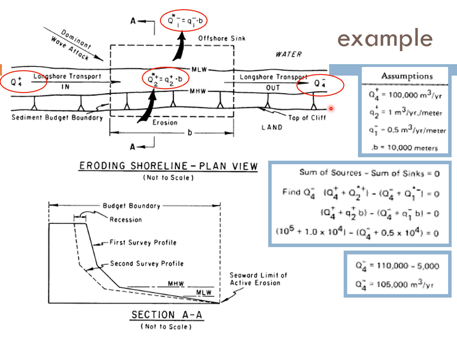We have the coastal cliff and the higher boundary of the coastal cliff, and we have the landward limit. The segment of the coastal line considered here has a width of B.